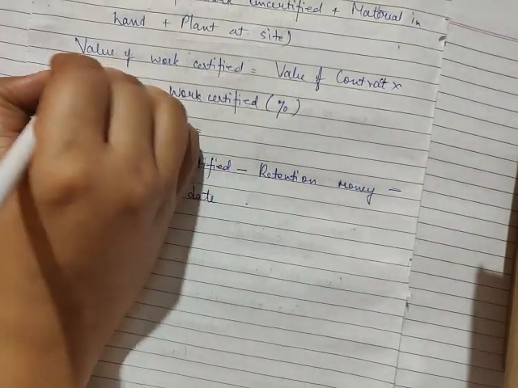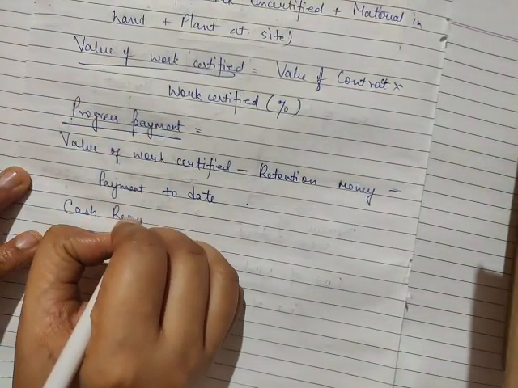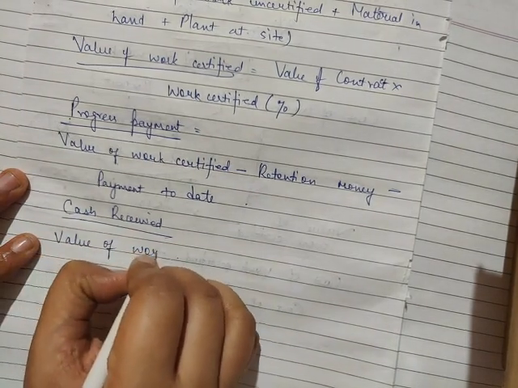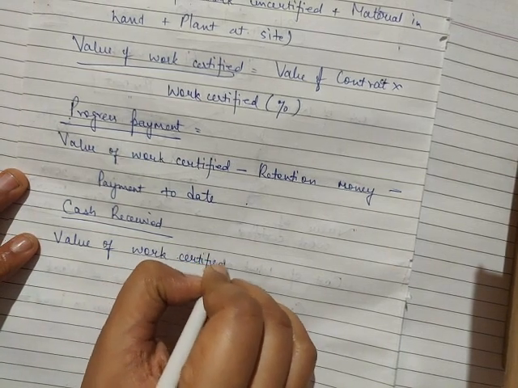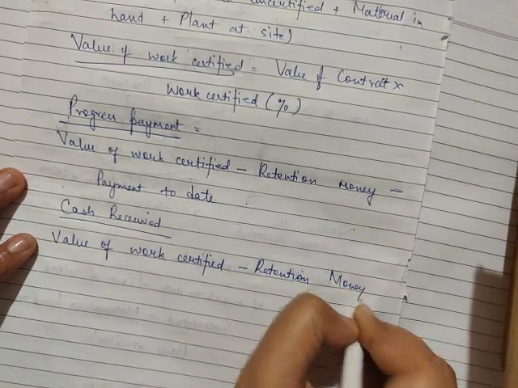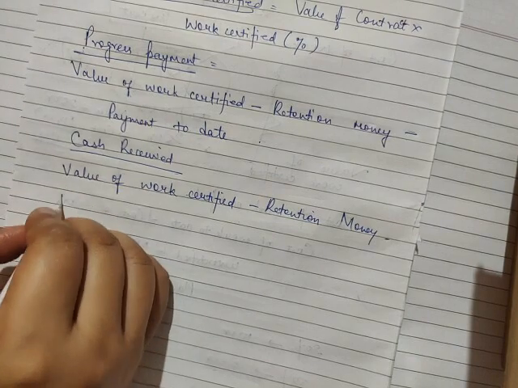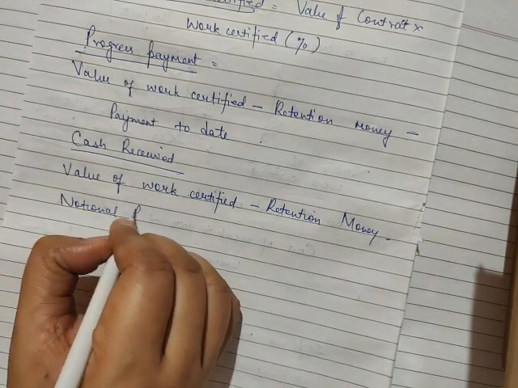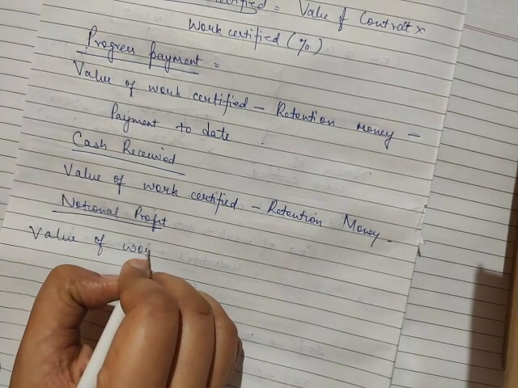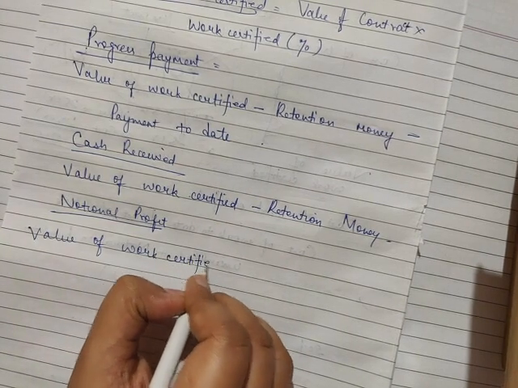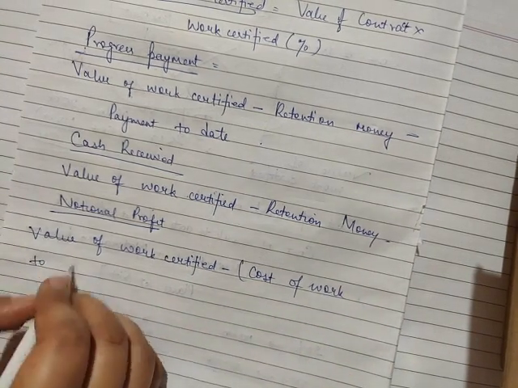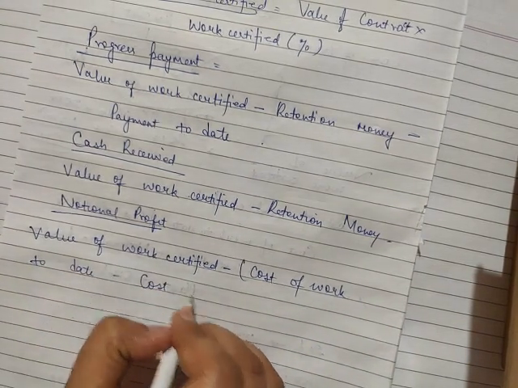Cash received is the value of work certified minus the retention money. Notional profit is the value of work certified minus the cost of work to date minus the cost of work not yet certified.